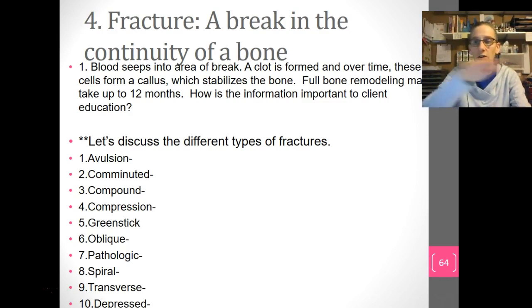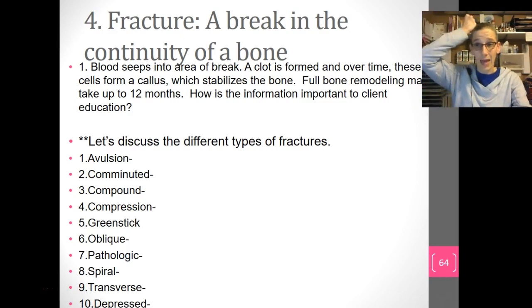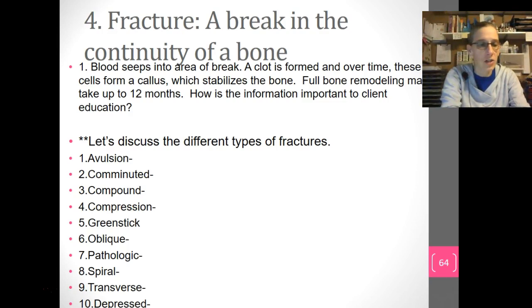Transverse fracture, this is straight across the bone. And a depressed fracture, this is a downward fracture, like a skull fracture. If someone gets hit in the head and they fracture the bone, it's depressed down into the skull cavity. And the other one that I don't actually have listed on here, but I want you to jot down, is a stress fracture. A stress fracture is a crack in the bone from overuse.